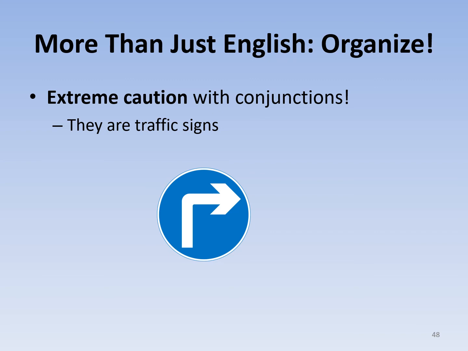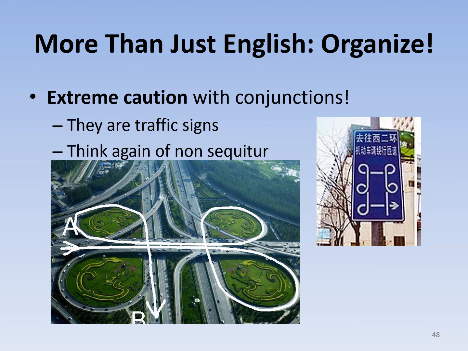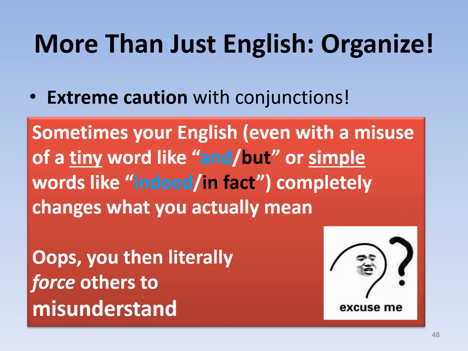And if you get the conjunctions wrong, you are going to create nonsense, basically turning that simple right turn into something extremely complicated. And then you are inviting trouble for others to misunderstand. That is what I'm saying. With a small word like that, if you use it incorrectly, you are going to invite trouble. And then your reader is going to have question marks all over his head.